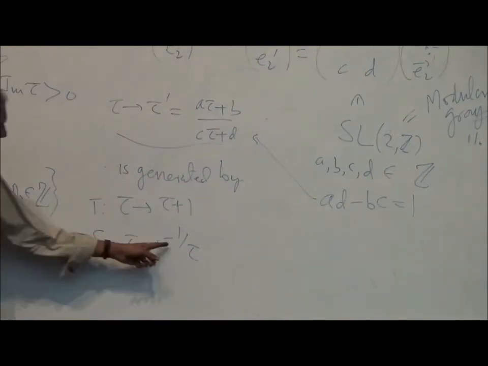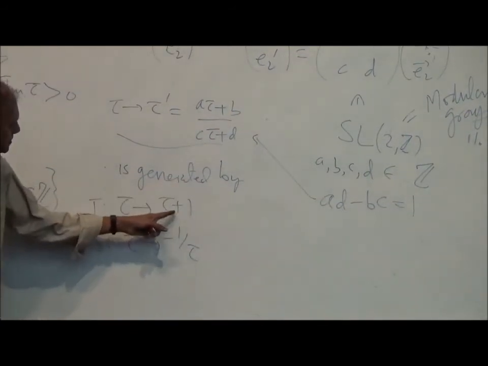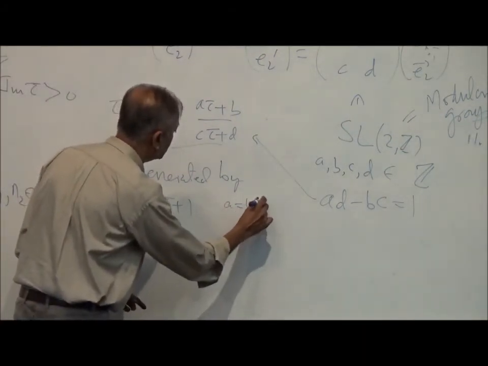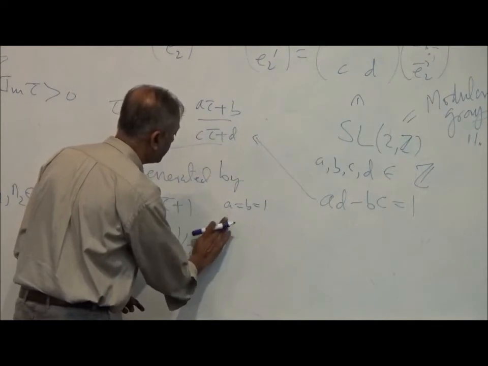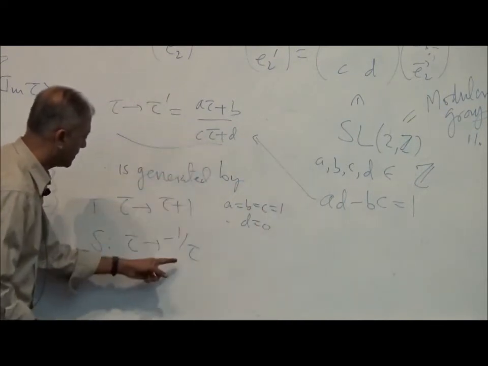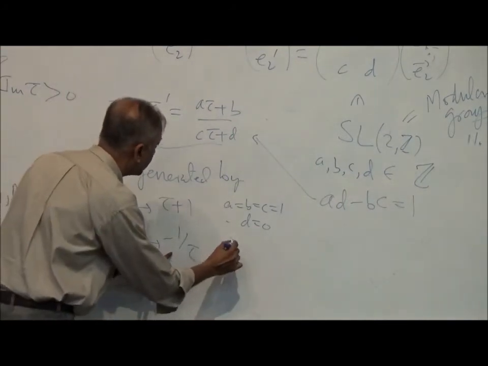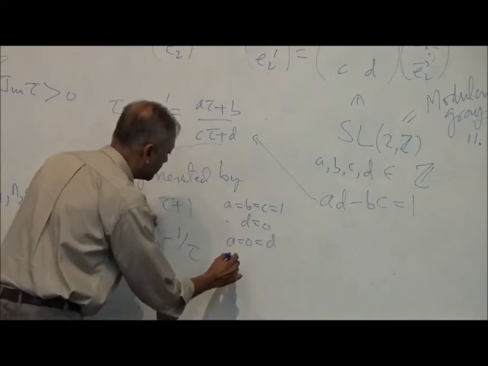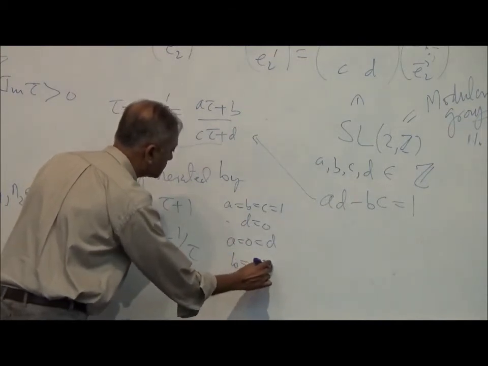You can clearly see, for example, T corresponds to choosing A equal to B equal to D equal to 1 and C equal to 0. And S corresponds to A equal to 0 equal to D and B equal to minus C equal to 1.